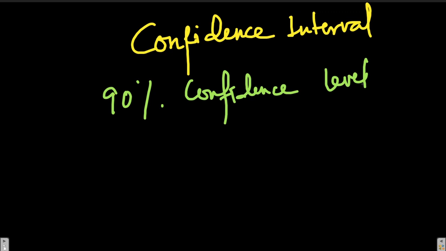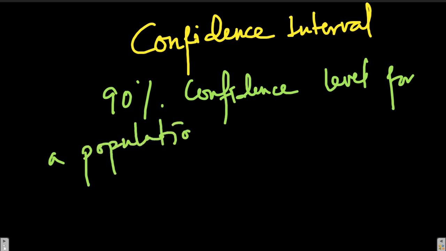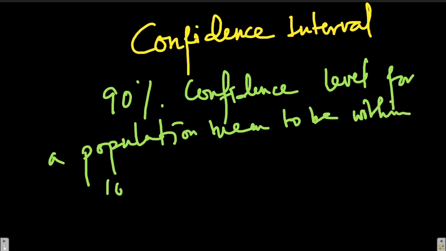Let's say the statement goes like that: a 95% confidence level for a population mean to be within 100 and 200. So that is the confidence level attached to this statement, that my population mean is within 100 and 200, and I have a confidence level of 90%.